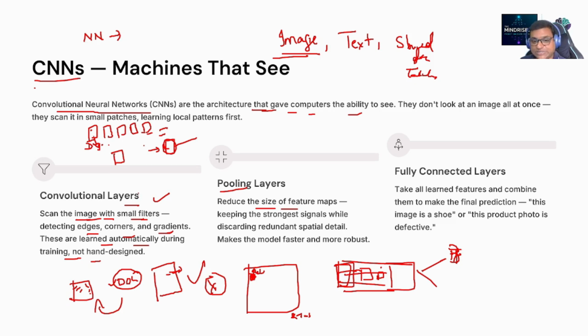Or medical imaging, X-rays and all. These days, whatever imaging outputs you get in medical, those are actually scanned through CNNs, classifying whether a particular disease exists or not, right? The quality inspection system is another best example. So that's about CNNs, convolutional neural networks.